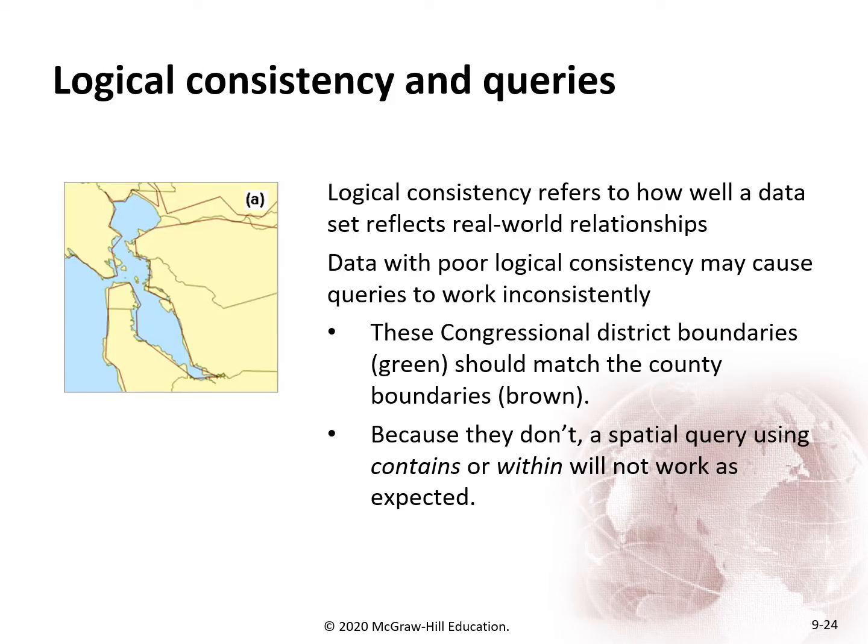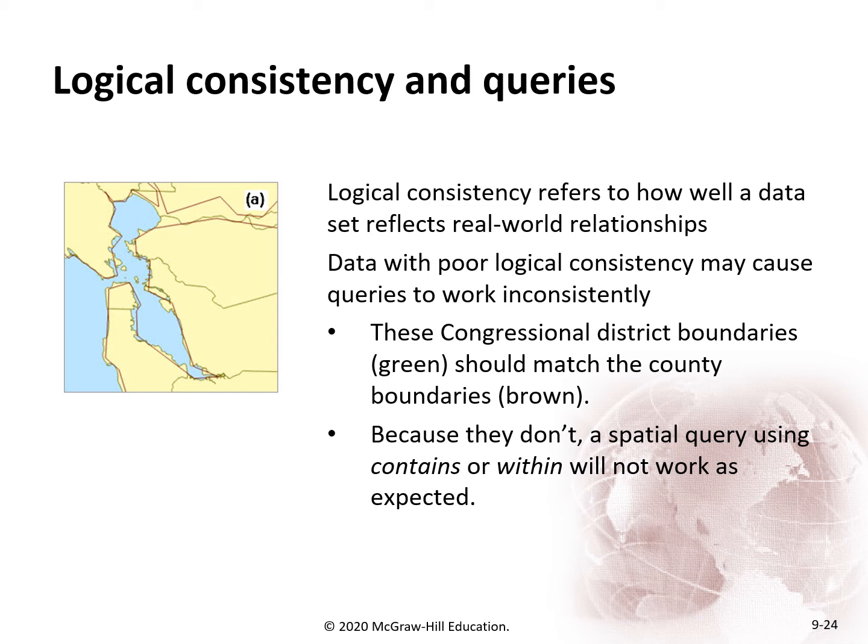Logical consistency in queries. Logical consistency refers to how well a data set reflects real-world relationships. Data with poor logical consistency may cause queries to work inconsistently. And what we're talking about here is, for example, congressional district boundaries, which are these light green lines that look brown, and the county boundaries, which are brown, and they should all line up, but looks like here they're not.